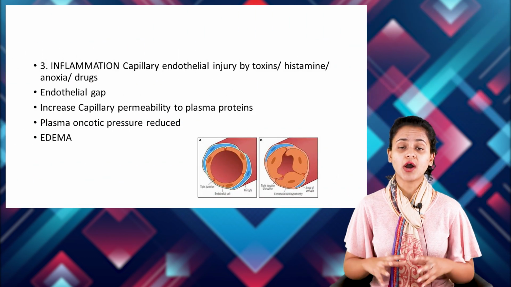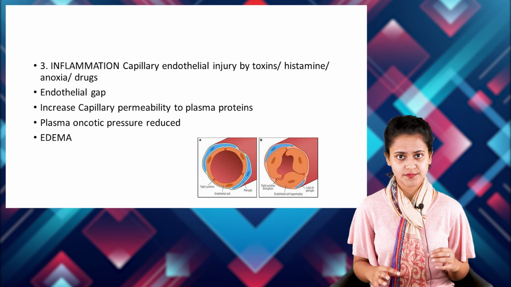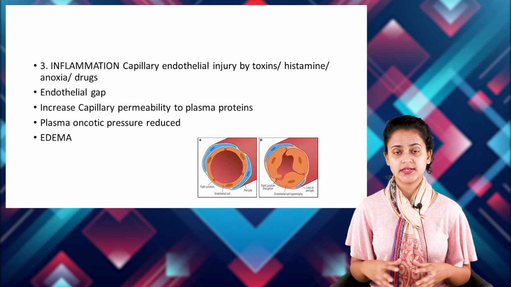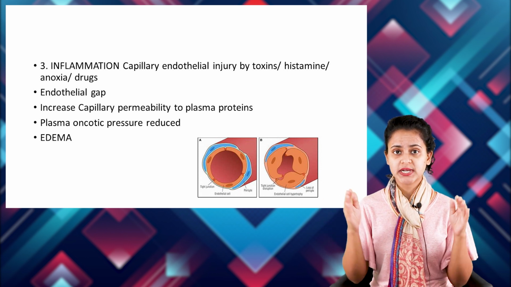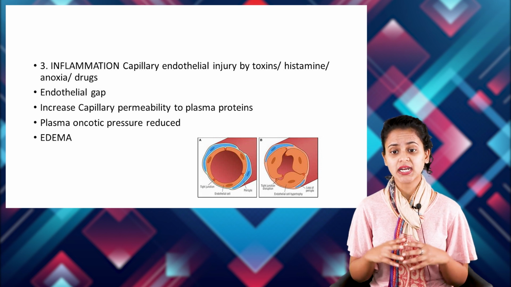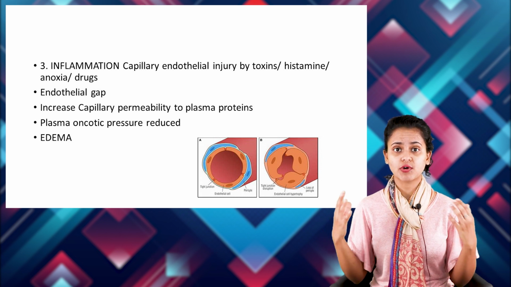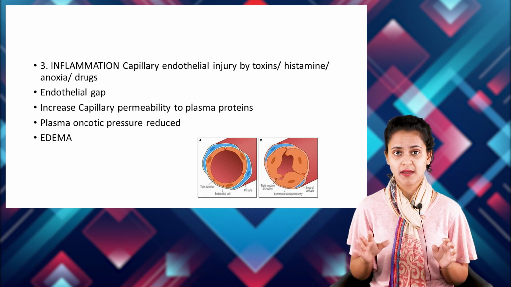Next, we are going to see how inflammation causes the development of edema in an individual. As we have learned, capillary endothelial injury is present due to the inflammation process. Inflammation can occur because of the presence of toxins, and it is also regulated by histamine.